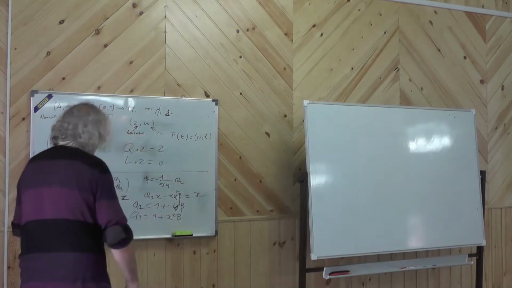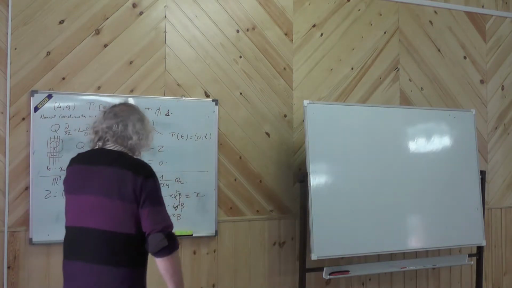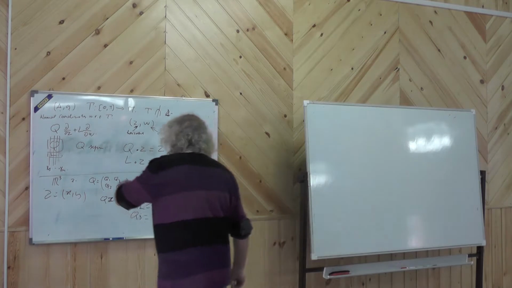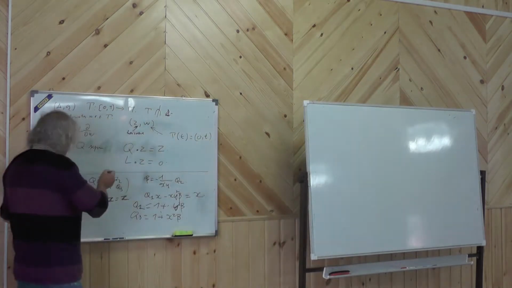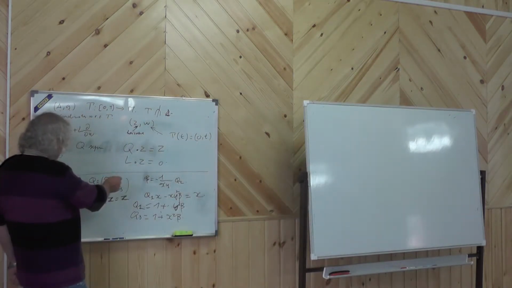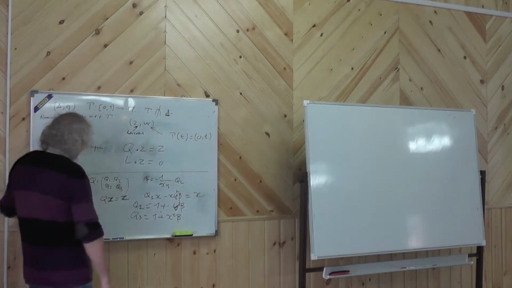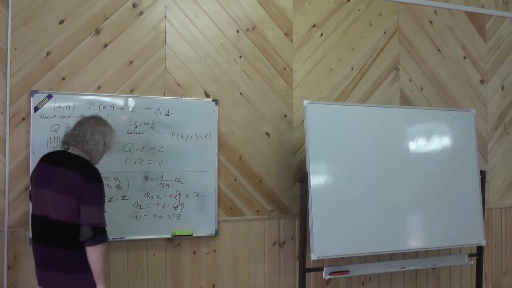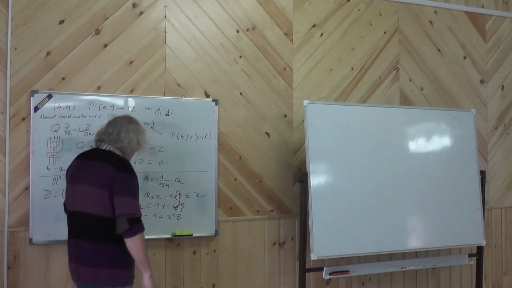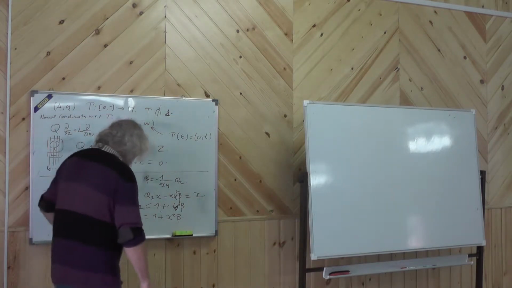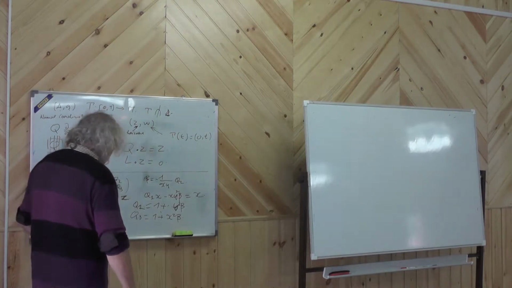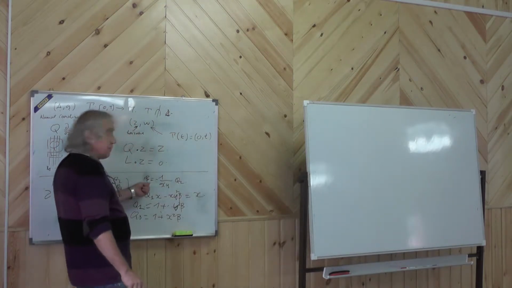And now, what do we have? If you remember how I got this, Q is a smooth matrix depending on the points. And there is a question about this function beta.